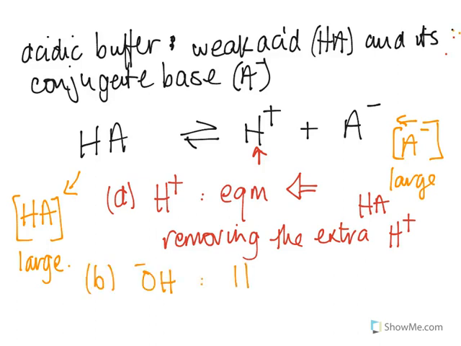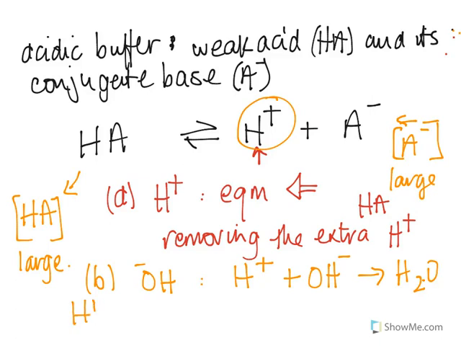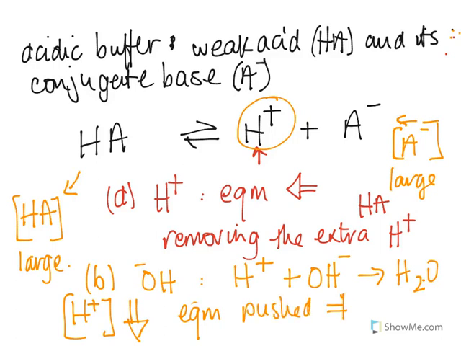And then if we look at what happens when we add hydroxide, that hydroxide that we've added can react with the hydrogen ions here on the left hand side of the equation to form water molecules. And of course, because the hydrogen ion concentration has decreased, our buffer equilibrium will be pushed to the right, to form more H+ ions.